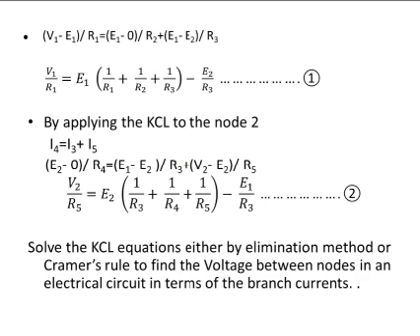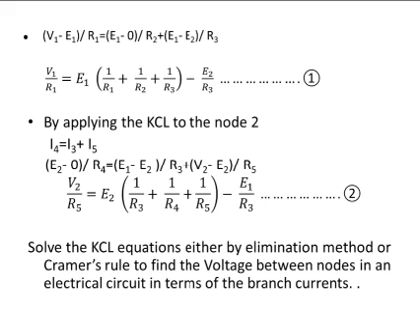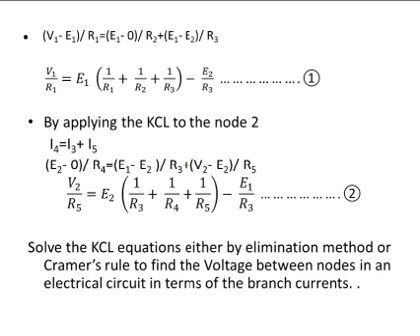The same thing for I3: (E1 minus E2) divided by R3. Next, for I5, depending upon the direction of the current, I5 equals (V2 minus E2) divided by R5. By solving, we will get equation 2.